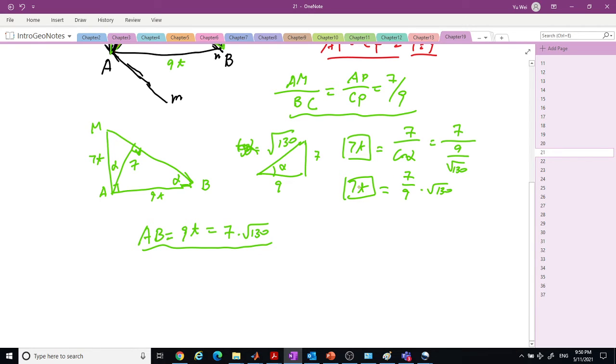Okay, I'm sorry. 70 is this, right? So t is equal to 1 over 9 times the square root of 130. Then 90 is the square root of 130. So AB squared is 130.